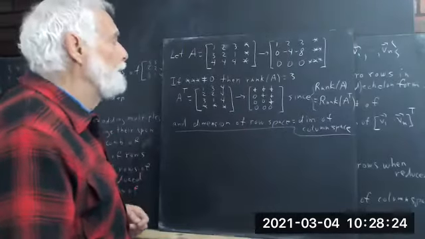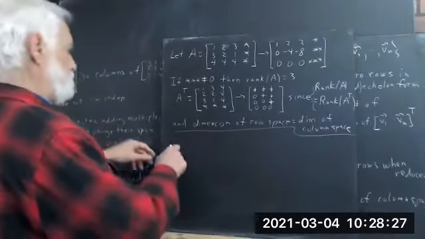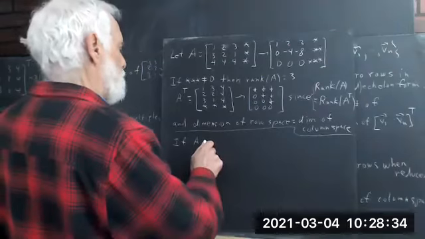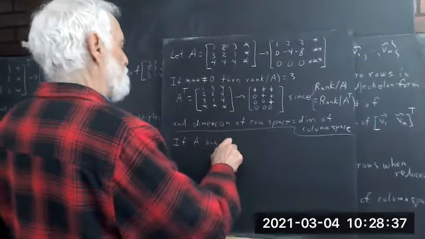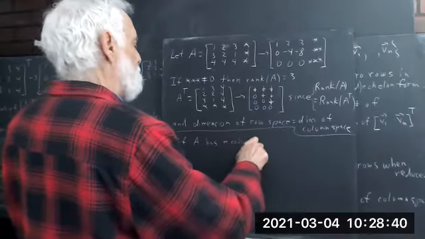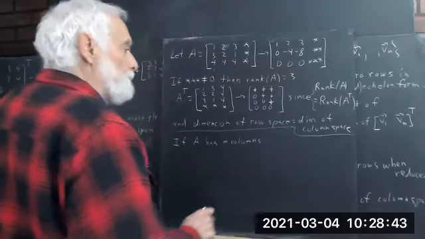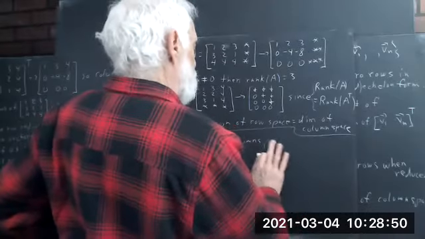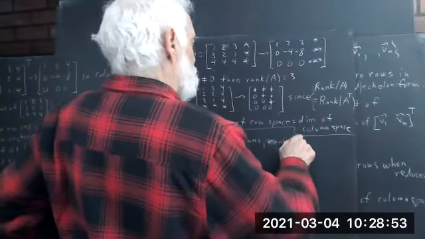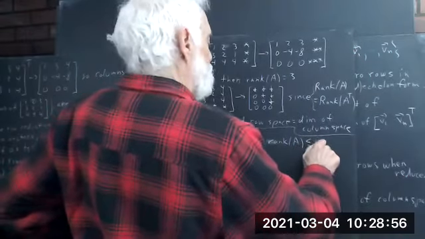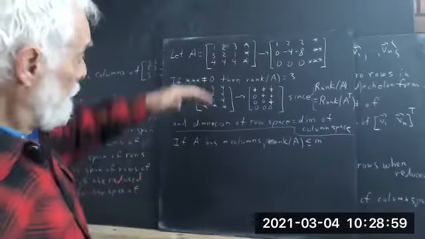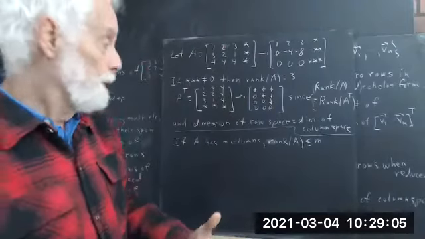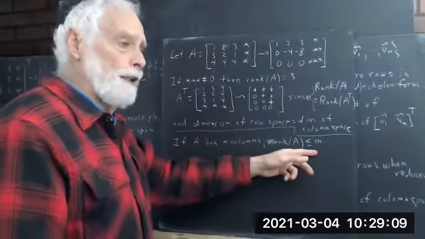Another thing is, if A has M columns, the rank of A can't be bigger than M because, of course, the dimension of your row space can't be bigger than the number of rows that you start with. So the rank of A has to be less or equal to M.